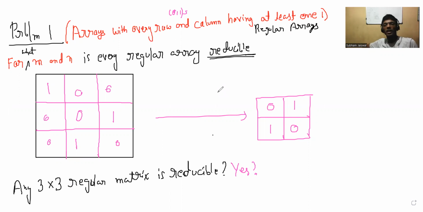So how do we show that any 3 by 3 matrix can be reduced? That is really the question. We need to reason with any matrix, or you can also do some sort of casework if you like.